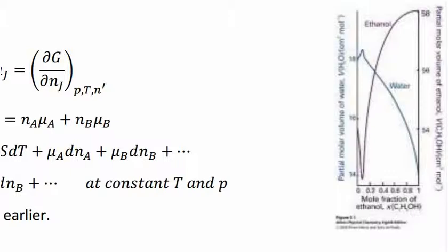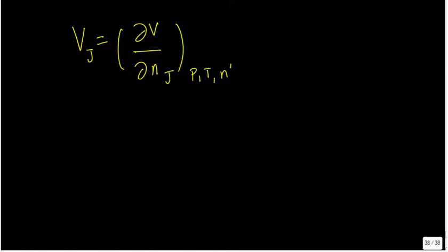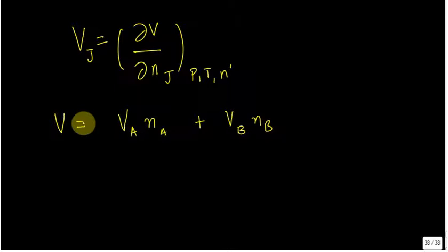I just said 0.4, but it's true for any composition, if you look at the graph. So what I have is partial molar volume of component A times Na plus partial molar volume of component B times Nb. This would be my total volume.